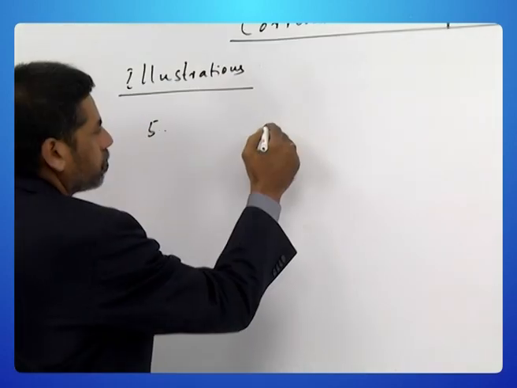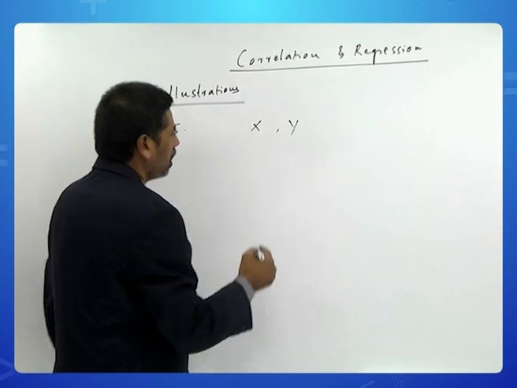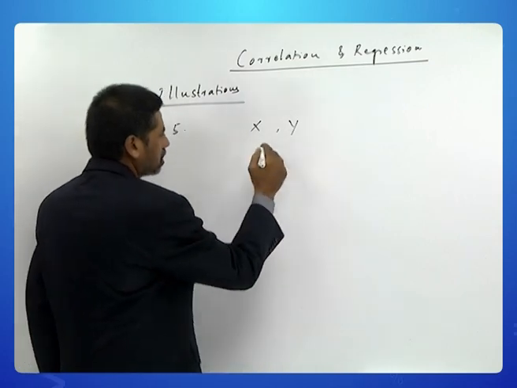Now suppose x and y are random variables having certain correlation.